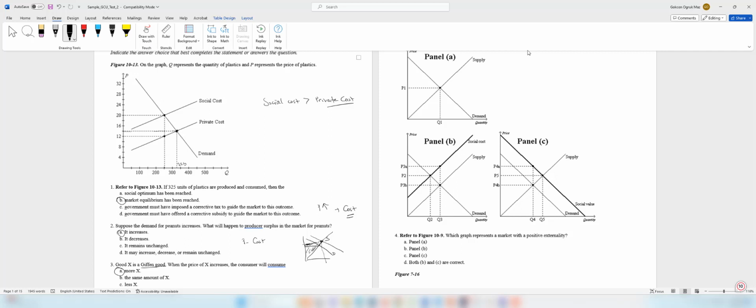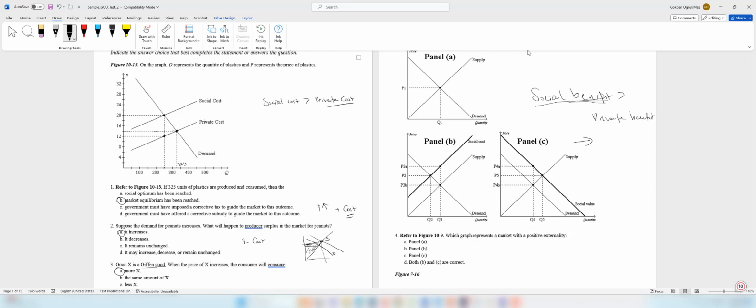For positive externality, social benefit is greater than private benefit. So the demand curve is shifted to the right. I mean, the social value curve is higher than the private demand curve. The reason is that social benefit, collective benefit, is much more than the individual demand curve.